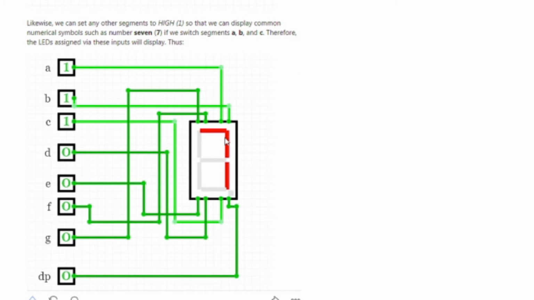For example, in this area, we are showing number 7, which is activated by switching on, or setting the voltage high, to segments A, B, and C.